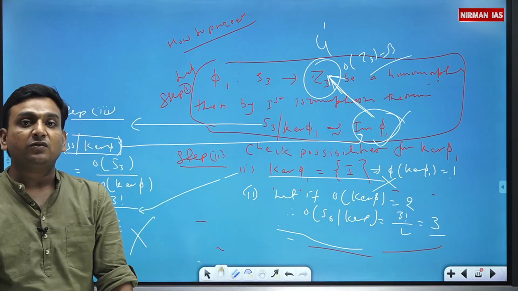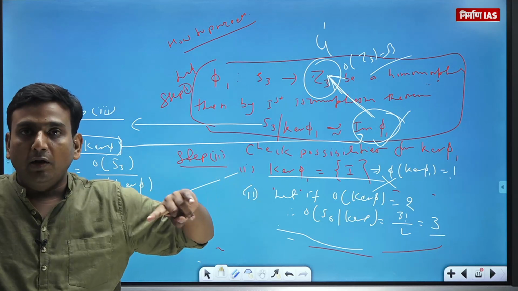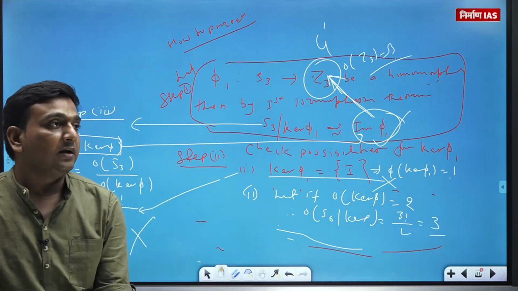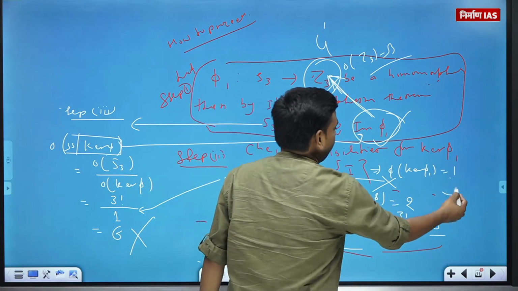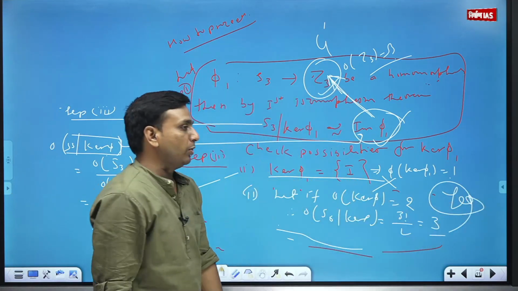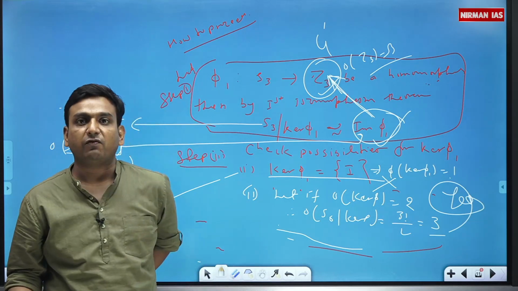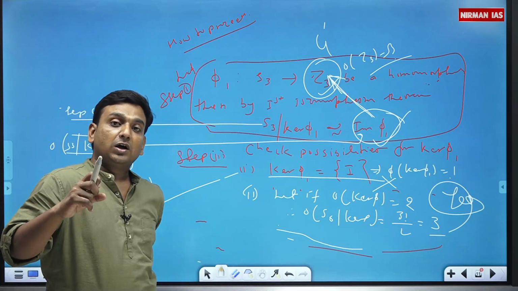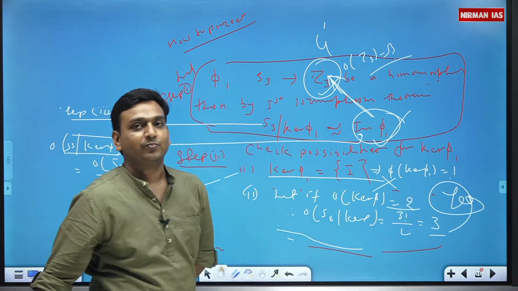That means the image of phi will be of order 3, and is an order 3 possibility here or not? Yes, so it is possible. That means you can define a homomorphism phi such that the kernel of phi is of order 2.